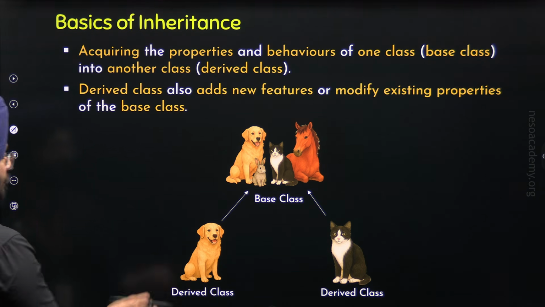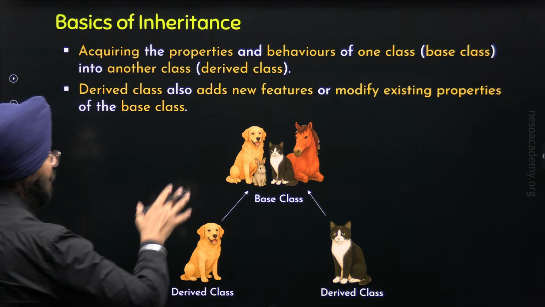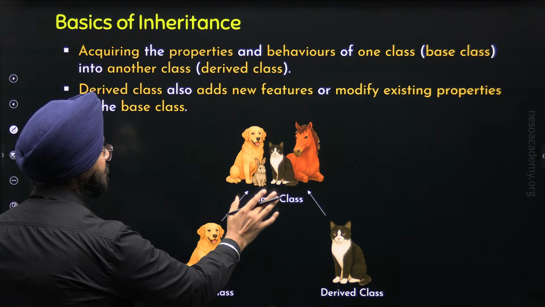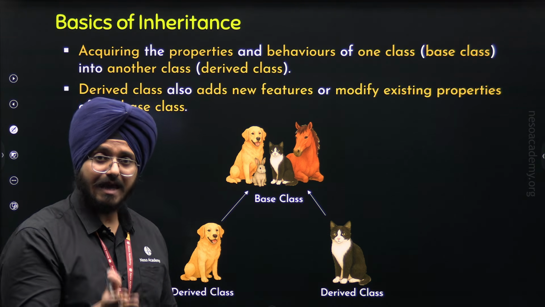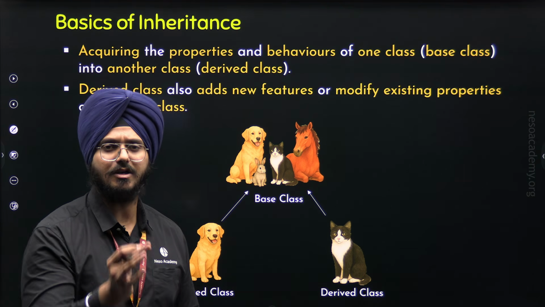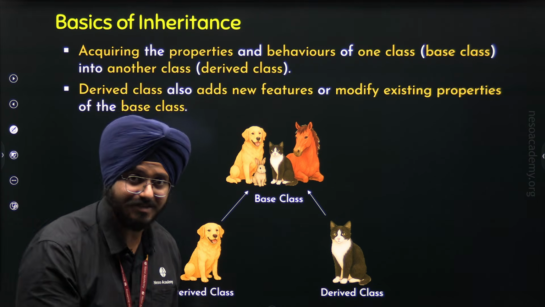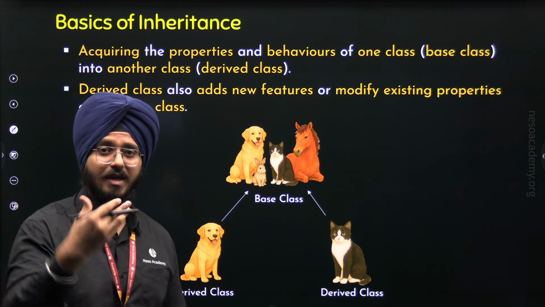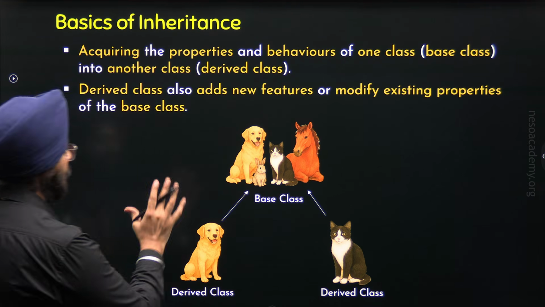Here we can think of dog and cat as derived classes, and they have inherited common properties and behaviors from the base class animals. This is how we can imagine inheritance in C++. I hope the meaning of inheritance is clear to you. When we say something inherits from some other thing, then that means it inherits properties and behaviors from that specific thing. I hope this is clear to you.